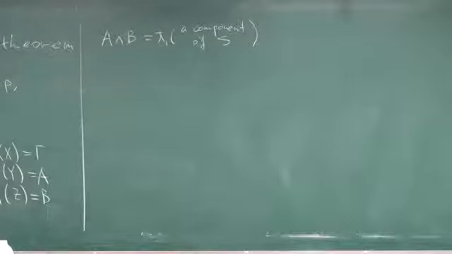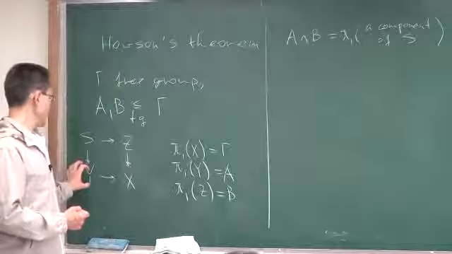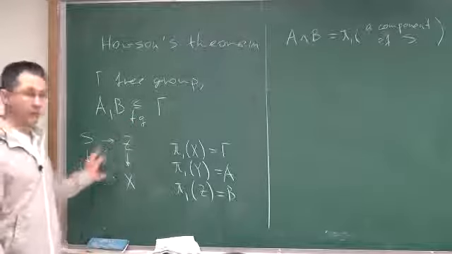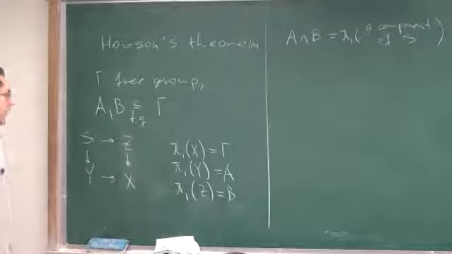But then you immediately see that since we took Y and Z to be finite graphs, their fiber product is also finite, because it is defined in terms of Cartesian product. An edge in S, for example, is a pair of edges, one in Y, one in Z. So the set of edges is formally a subset of the Cartesian product of the set of edges in Y times the set of edges in Z. Since both are finite, S is also going to be finite. The same thing for vertices.